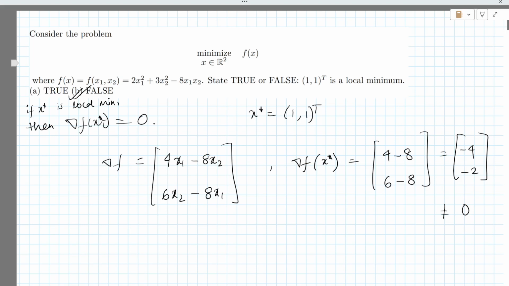Only then can we say it's a local minimum, in case the gradient was 0.